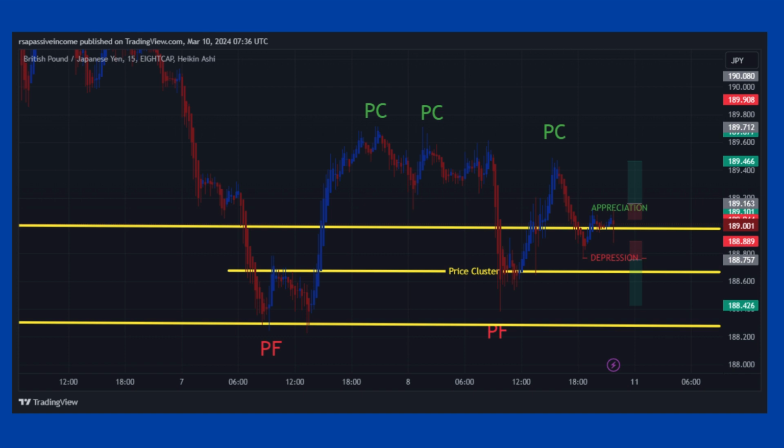So after getting our price clutter, then we move on to get our appreciation and depreciation levels.